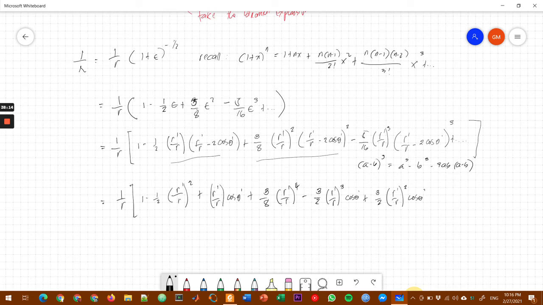And then the last one is katong cube. So okay, let's say mo stop na ta sa 4th power, or stop ta sa as a 3rd power na lang. Okay? So this is sa first term atong kwaon.